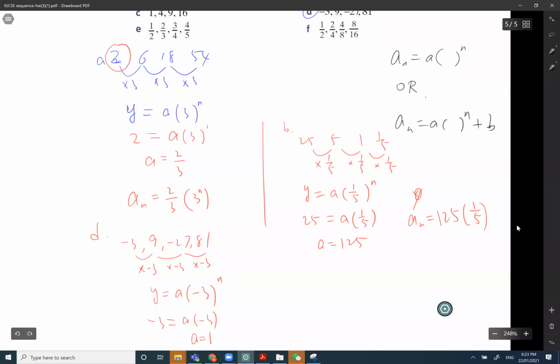A is just 1. So the answer, y just equals -3 to the power n. Okay. This last week and this week we learned the most hard part in algebra, numbers patterns.